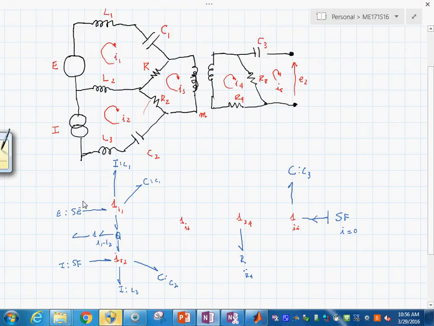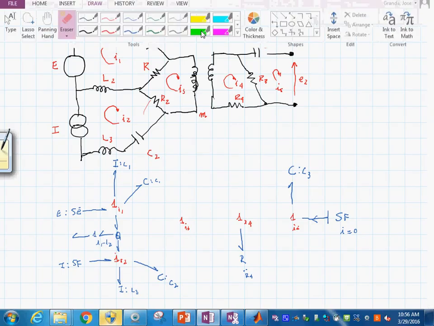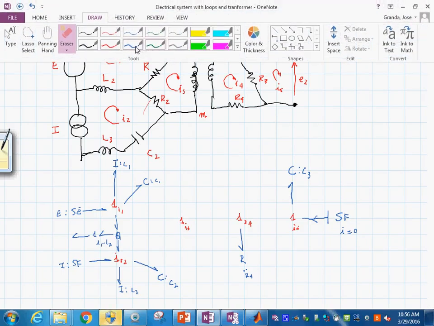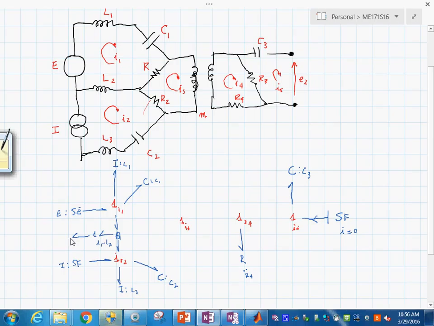Over here between I1 and I sub 3, we also have a 0 here, and the difference is I1 minus I sub 3. You have this R element in there with value, what was it, R1, right?